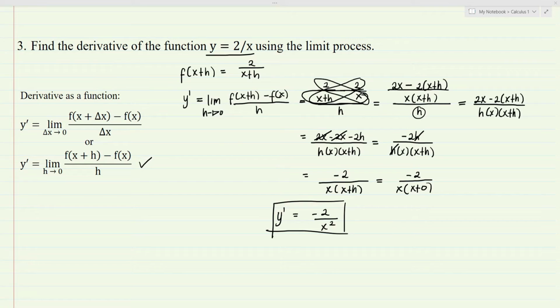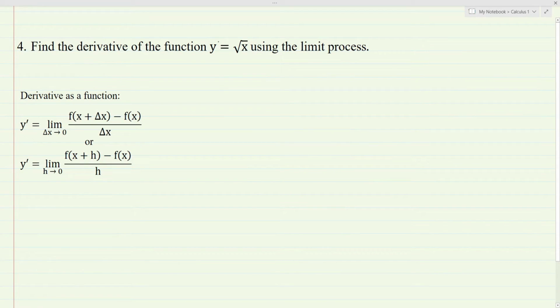Let's now solve problem number 4. For the fourth problem, we have here the function y equals square root of x. Again, we would use this second equation to solve for its derivative. Let's solve for the function f of x plus h, and this would be equal to the square root of x plus h. Let's now solve for its derivative.